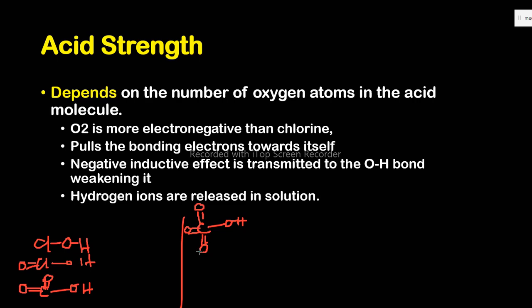From this, we all know that oxygen is highly electronegative compared to the halogens, so it is going to attract the bonding electrons from the halogen towards itself, increasing the electron density on the chlorine. And so what does that imply?